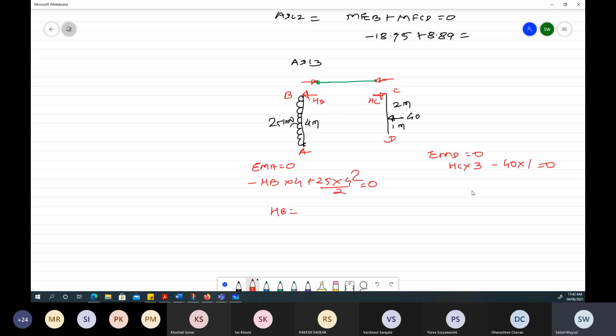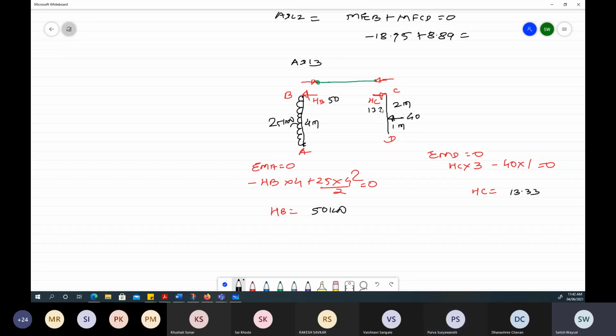Then HC is equal to, we have to calculate this. Can you calculate now what is HB? Anybody has got the answer? Yes, HB is 50 kilonewton. HB is equal to 50. Okay, good. HC is equal to 13.33 kilonewton.